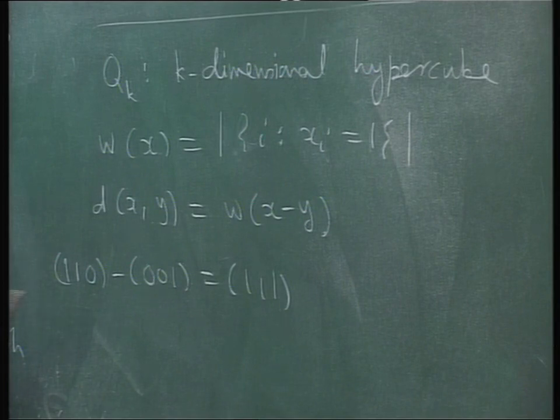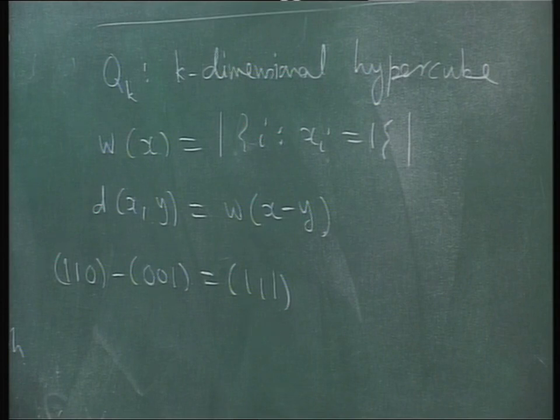They actually differ at 3 places, so the distance between those two words is 3. The k-dimensional cube has as many as 2 power k vertices.